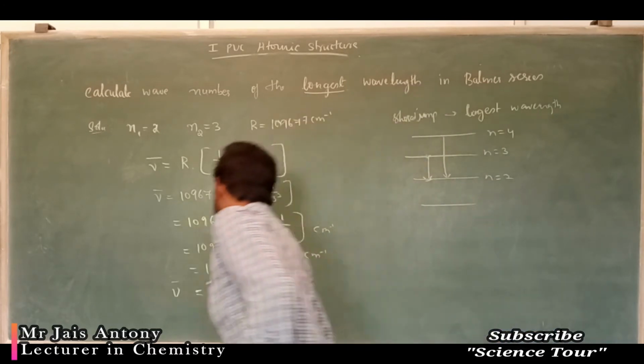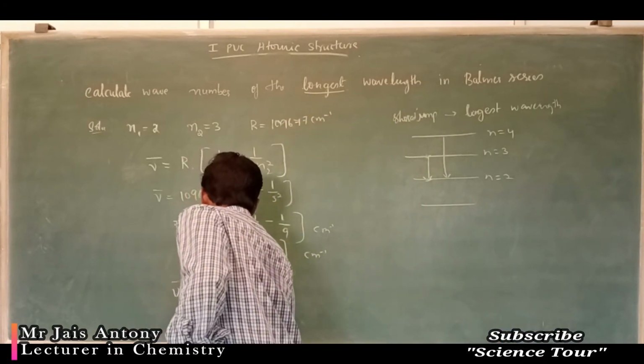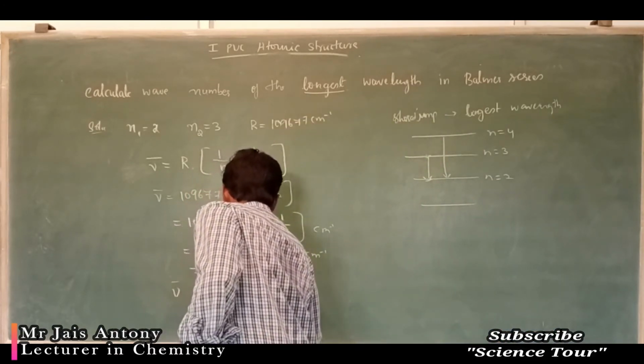Then it is 1.52 into 10 to the power minus 6 meter inverse.